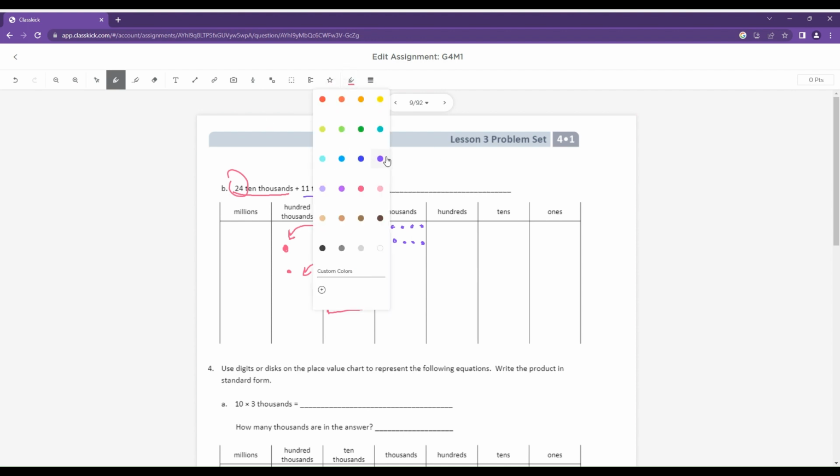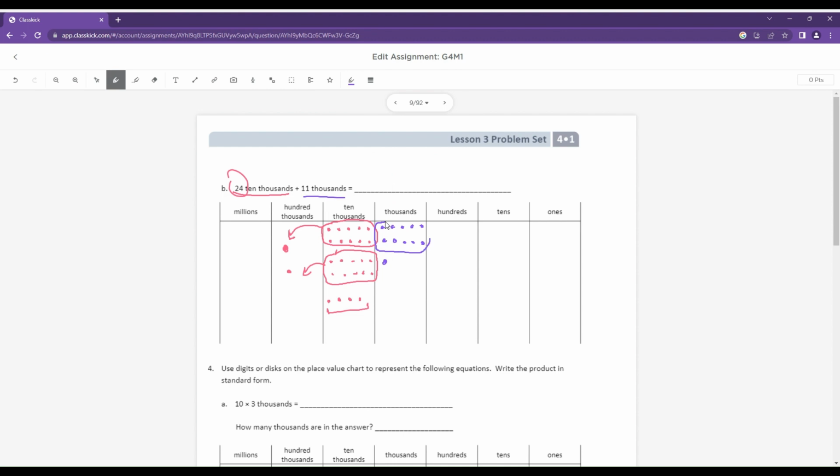And then I have to do the same thing over here with my thousands, where I have a group of 10 thousands over here. So I'm going to regroup that down here for another 10,000. And this one's okay. This one's going to stay. So I have 2 in my 100,000s.